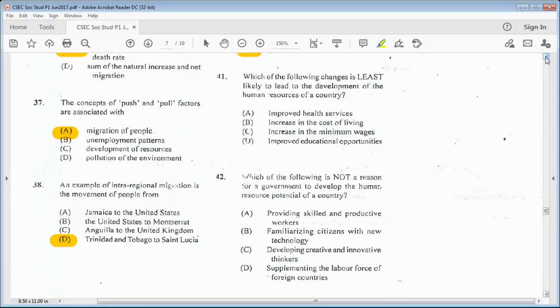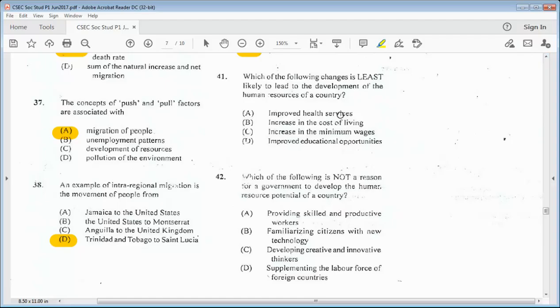Which of the following changes is least likely to lead to the development of the human resources of a country? A, improved health services. B, increase in the cost of living. C, increase in the minimum wages. D, improved educational opportunities. So we would go with least, it says, least.